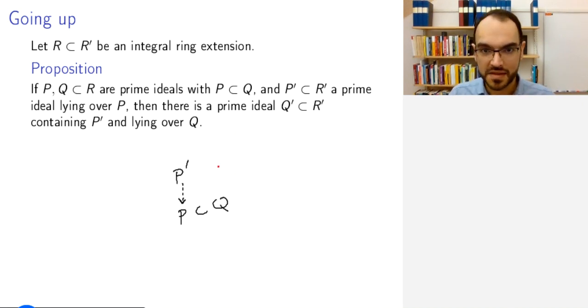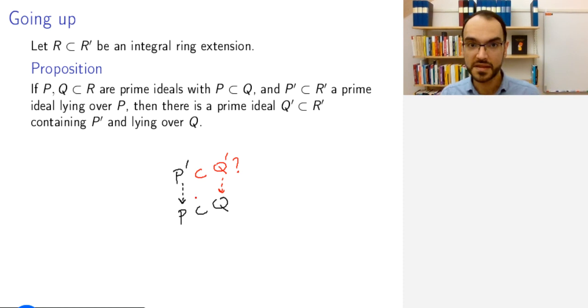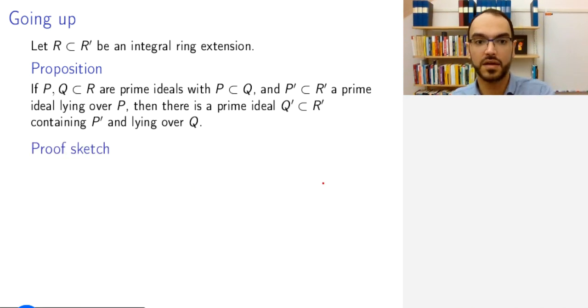Does there exist Q prime such that we can complete this square? So Q prime contains P prime and lies over Q. And the answer is yes, if the extension is integral. I will briefly give a sketch of the proof, or rather the idea of the proof.